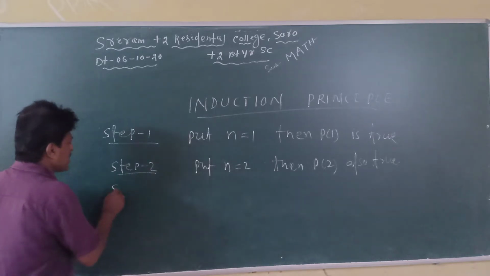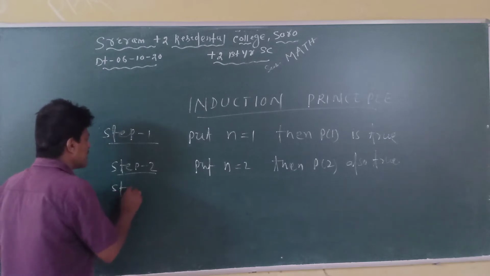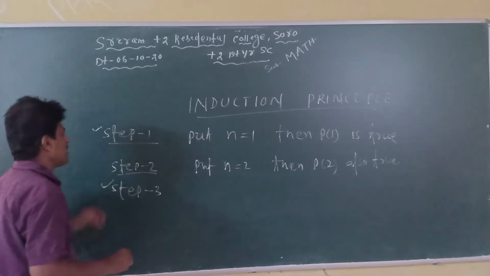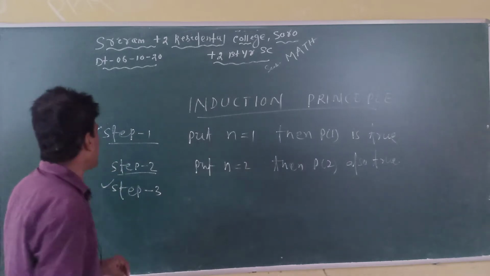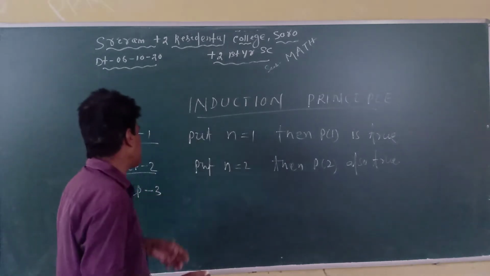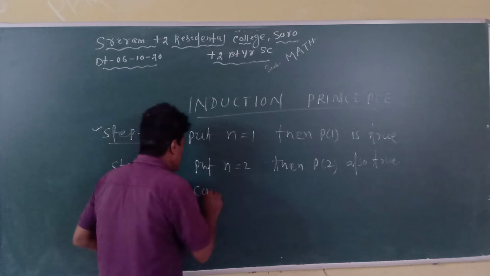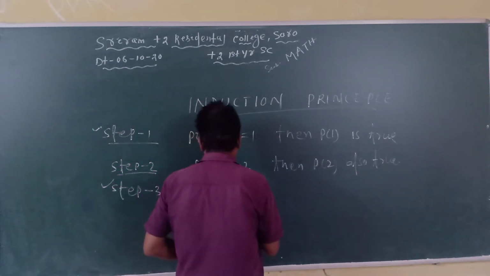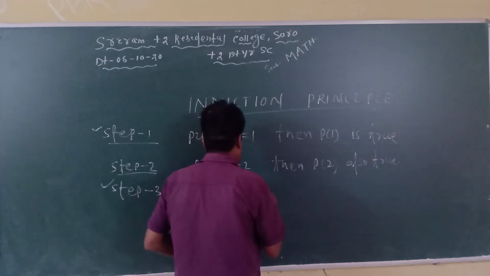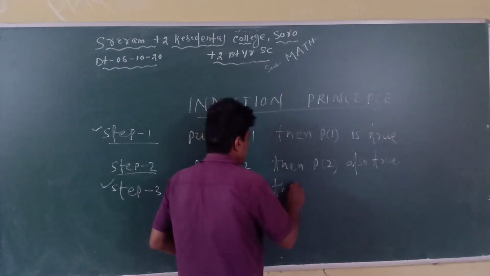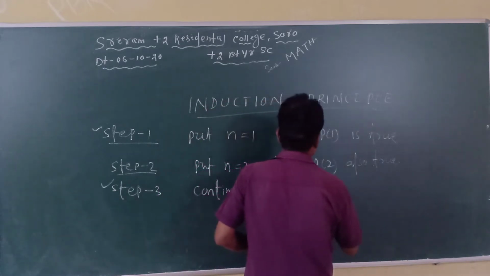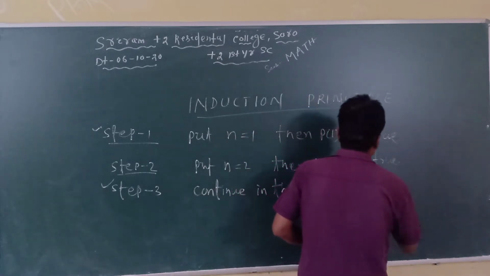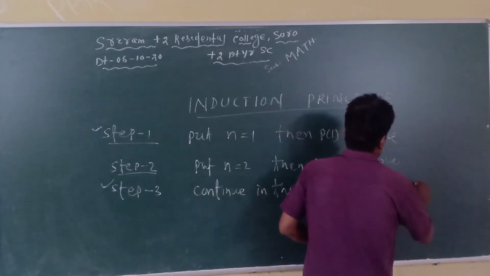Now step 3 is a sufficient and necessary condition. Step 3 is also necessary, so that condition and that condition must be right, but that is sufficient. The condition of step 3 is to continue in this way up to Pk is true.